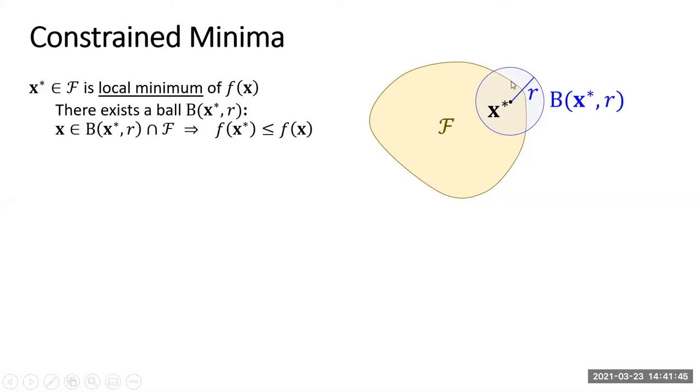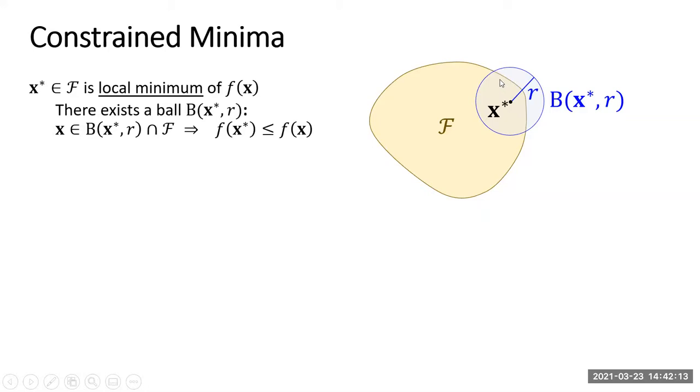So this is the intersection. The blue circle here is the ball, and this yellow region is the feasible region. And so its intersection is the overlapping region here. Everywhere in this overlapping region, take any point x, then f of x star must be less than or equal to f of x.